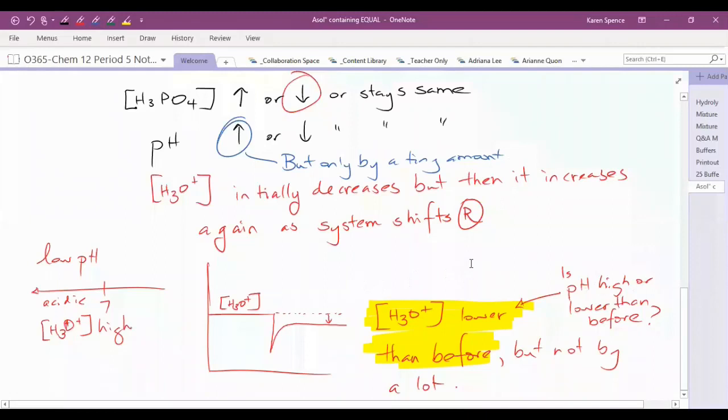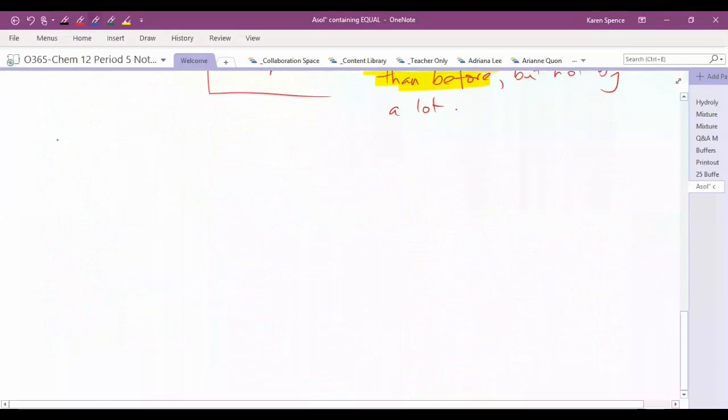Okie dokie. Let's see. Here's another question. Why is the action of a buffer limited? Ooh. Why is the action of a buffer limited? What on earth does that mean?